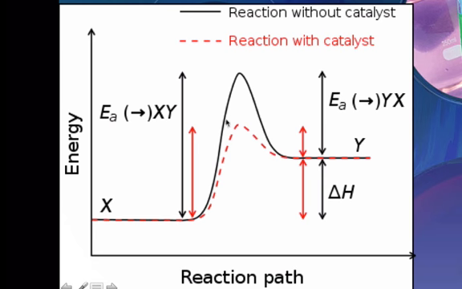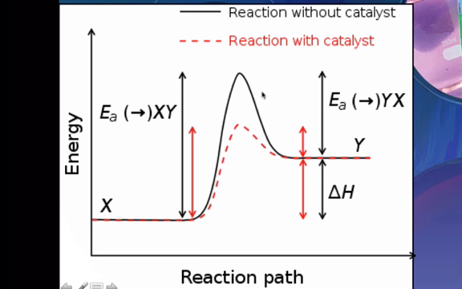You can see the two different pathways, but what we're really focusing on is the activation energy. So for the forward reaction, your reactants are here, and we're forming our products, which are Y. We can see that this hill, the difference between the energy that the reactants have and the top of this hill, that is your activation energy. So going from X to Y, this is the amount of energy you have to overcome in order for it to happen.